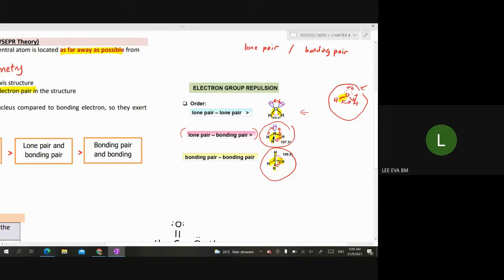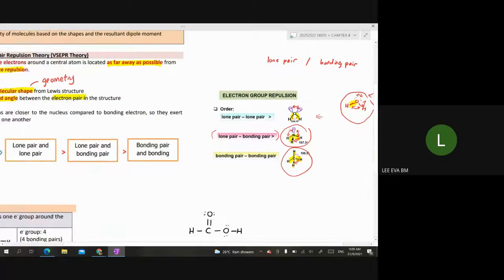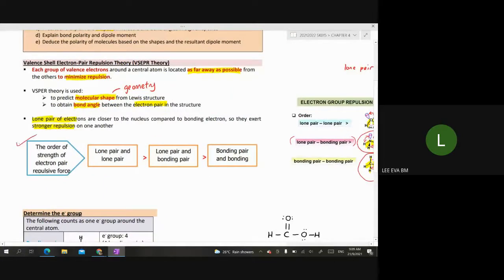Nah, so mesti kena tahulah lone pair refer kepada apa, bonding pair refer kepada apa. Or you can also refer to this one. VSEPR Theory say lone pair repulsions greater than lone pair, bonding pair, greater than bonding pair. Hilang satu pair dekat sini.